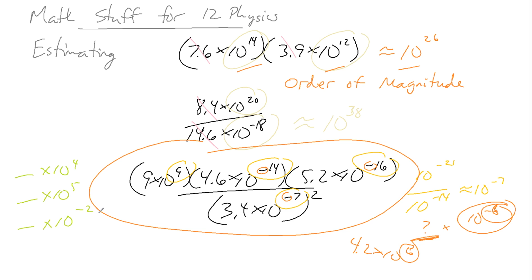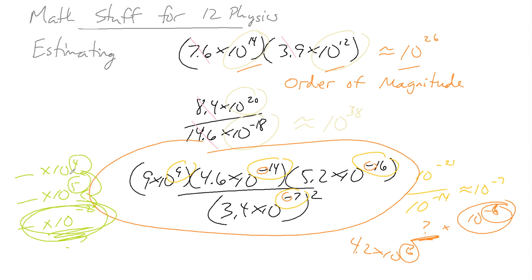Your orders of magnitude are similar for the first two, but this last one is not matching up. So there's a really good chance that you've messed up this calculation right here. It's like, hey, wait a minute, I've got 10,000, I've got 100,000, I've got something to the negative 2. There's a good chance you screwed up this calculation. So you go back and check that calculation. And hey, it's still right. Well, maybe I need to check those 2 calculations because those 2 powers of 10 are off.